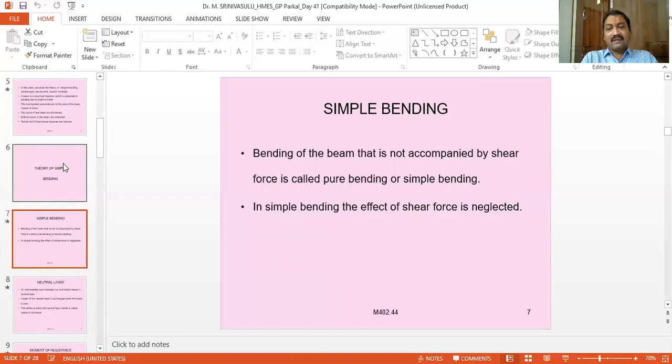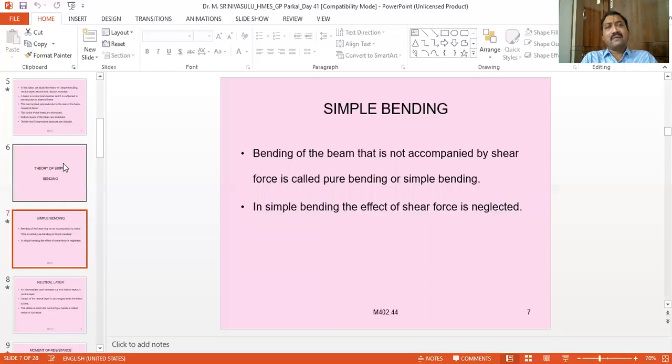But sometimes the amount of shear force is very small, and if we take into account the shear stress acting on the member, the study becomes complicated. So for easy analysis of the member, sometimes we neglect the effect of the shear forces in bending.